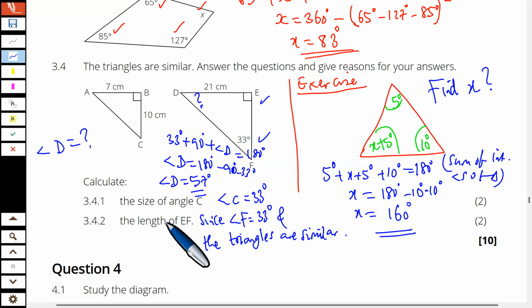Exactly 57 degrees. Any question? No. All right, so next question.